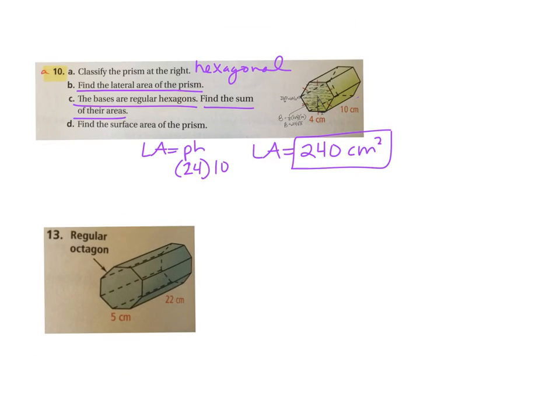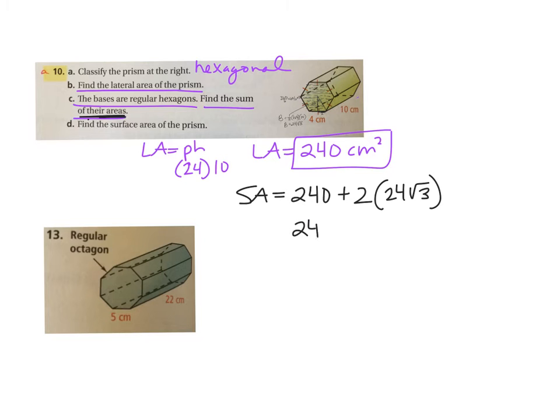Well, when we're trying to solve for the sum of their areas, if it's 24 rad 3 for one base, then 2 bases, which your surface area formula is your lateral area plus 2 times the area of the base, you would do 2 times 24 rad 3, or 48 rad 3.